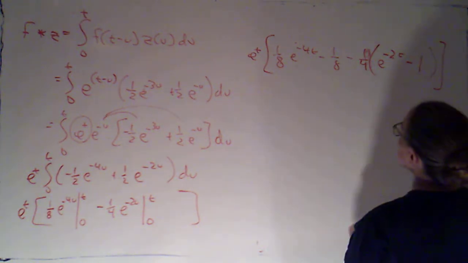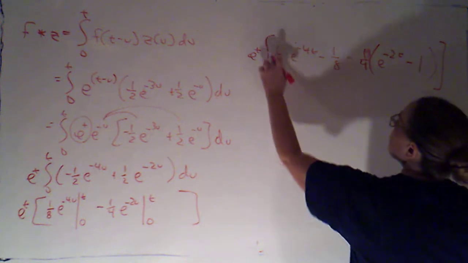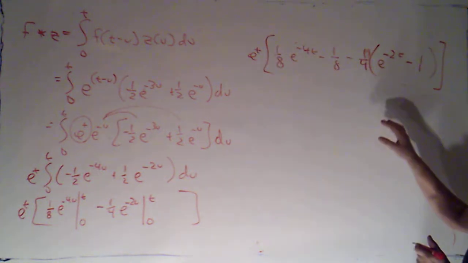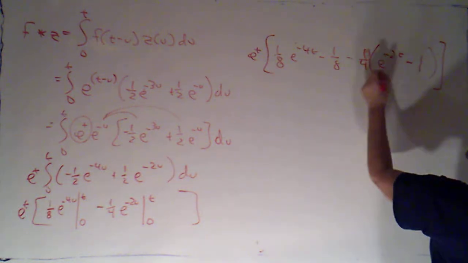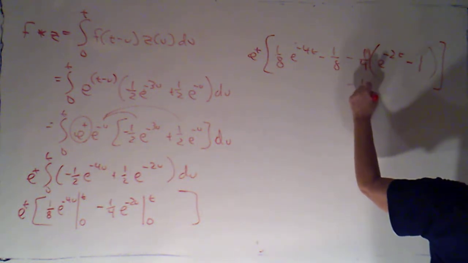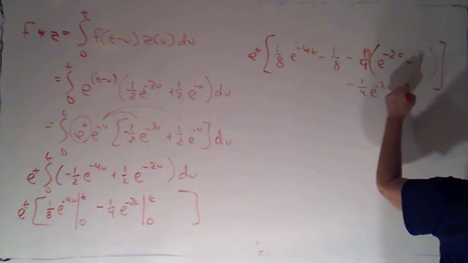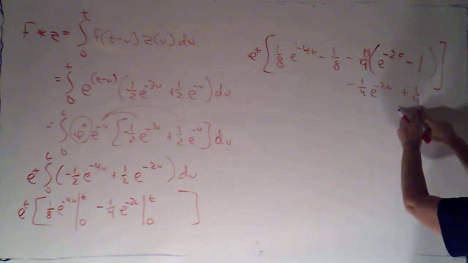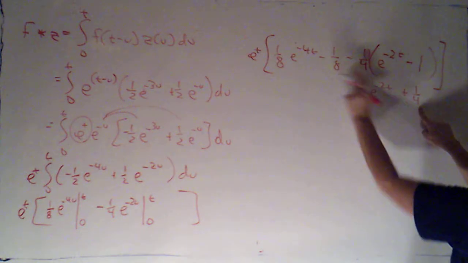So let's do some distributing. Let's see, I think I'm going to distribute the e to the t here. Well, actually, let's do this first. Let's distribute the 1/4. So minus 1/4 e to the negative 2t plus 1/4. Okay. And then I can combine the 1/4 with the negative 1/8.